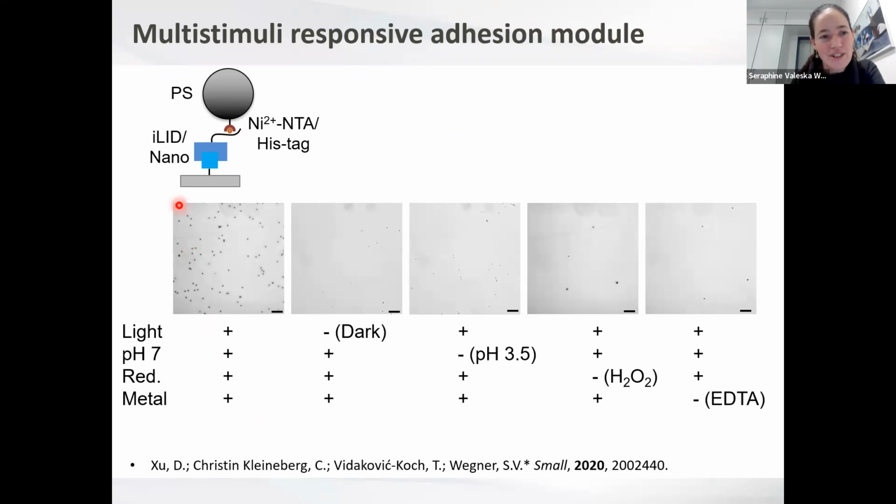So in the first iteration, we used a polystyrene bead and immobilized our photoswitchable protein iLID through a nickel-NTA interaction and looked at the adhesion to a functionalized glass slide that has nano on top. So you can appreciate that under light, at neutral pH, under reducing conditions, and in the presence of the metal ion, we see many of these polystyrene beads on the surface.